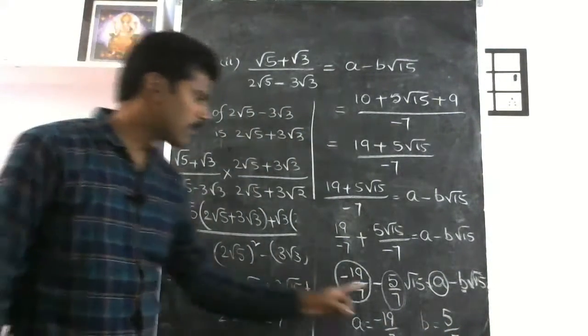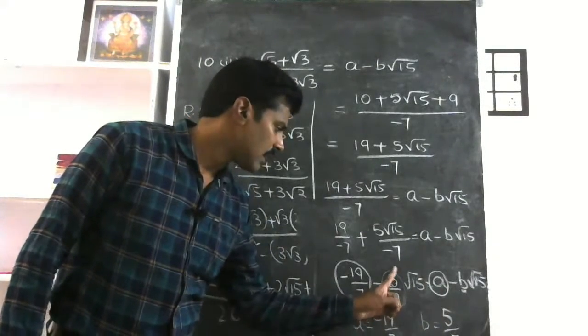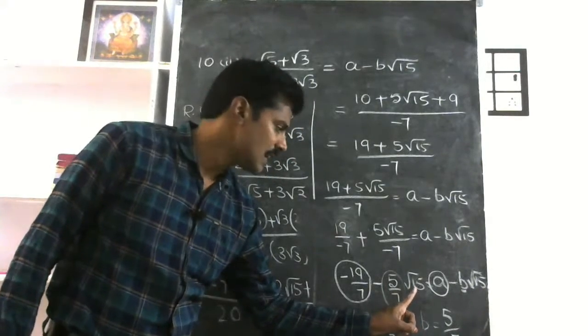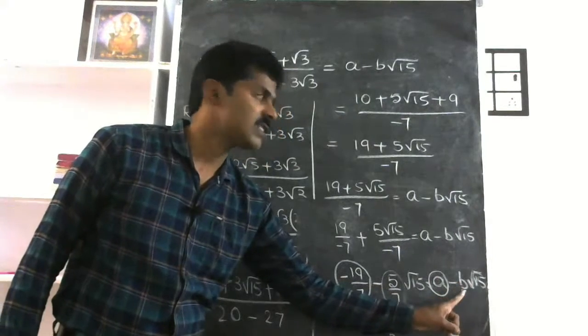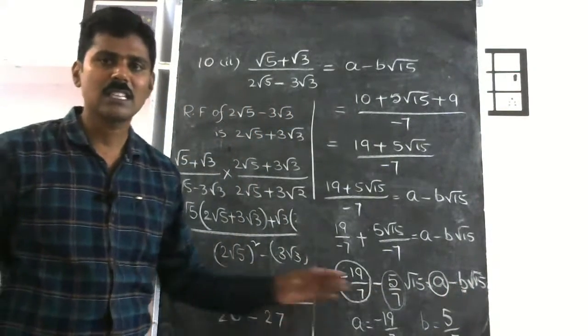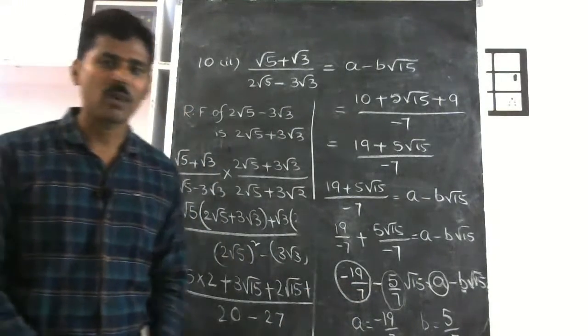Why? Because there is already a minus over here, and minus and minus are both equal. So b is just the coefficient of root 15, which is 5 by 7. Hence b is equal to 5 by 7. This is the way we compare to get the unknown quantities.